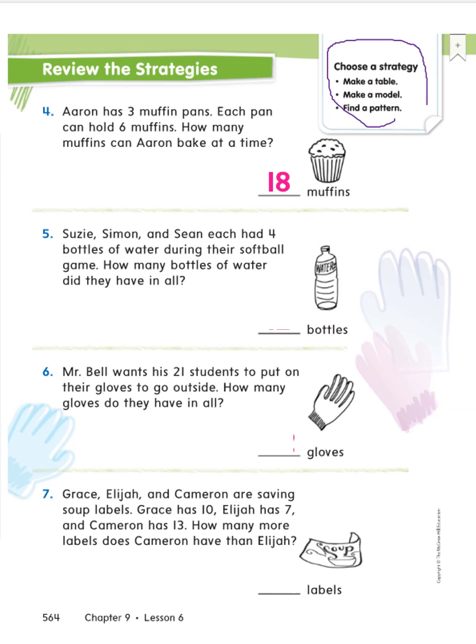We can make a table. We can make a model. We can find a pattern. So one person has 4 bottles. 2 people have 8. 3 people have, yes, 12.